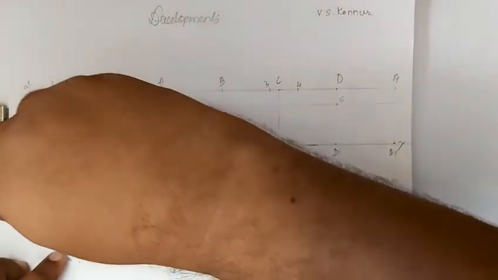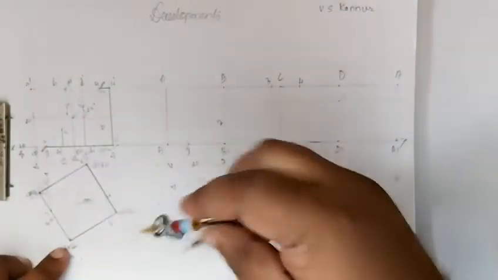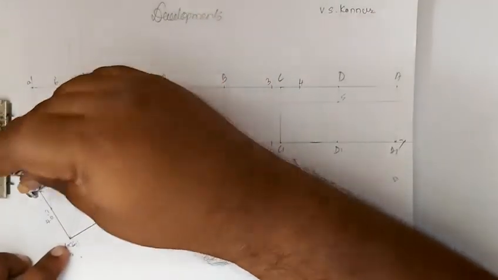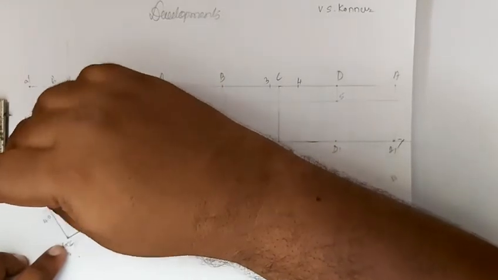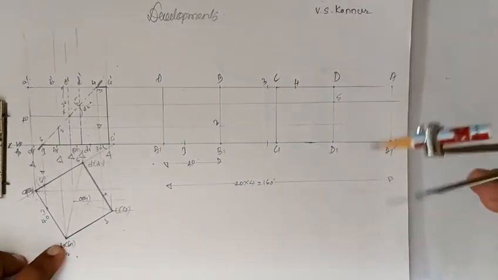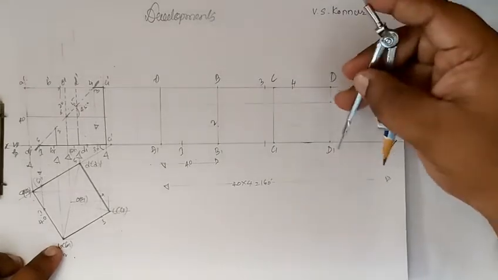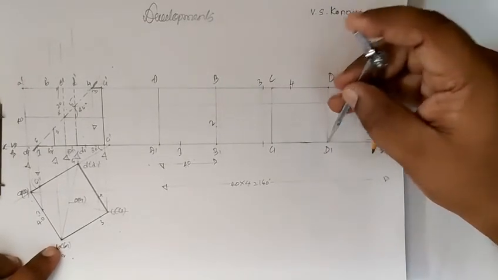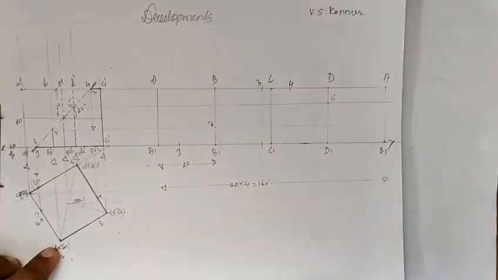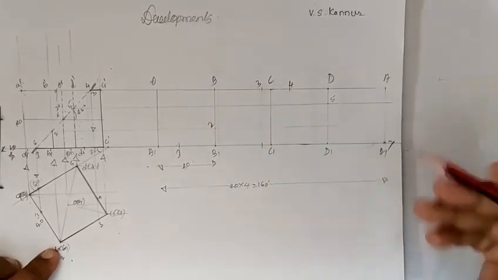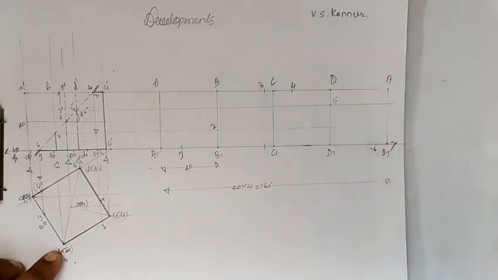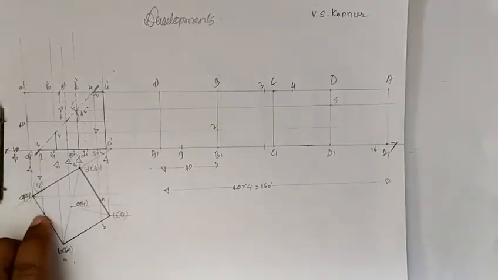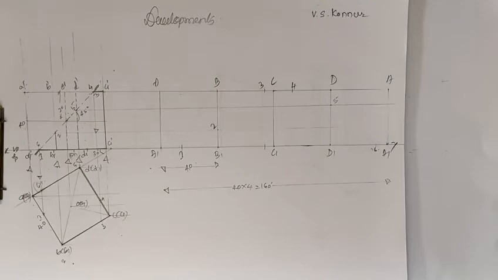From D1 I am taking the distance. It is at the bottom face, so we'll cut it on the bottom. So the sixth point we'll get here, or you can write it as 1. Because of the distance or difference I have taken it as the sixth point. We will not get the first point back.